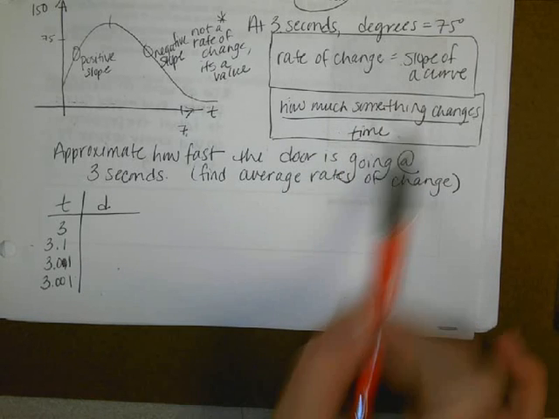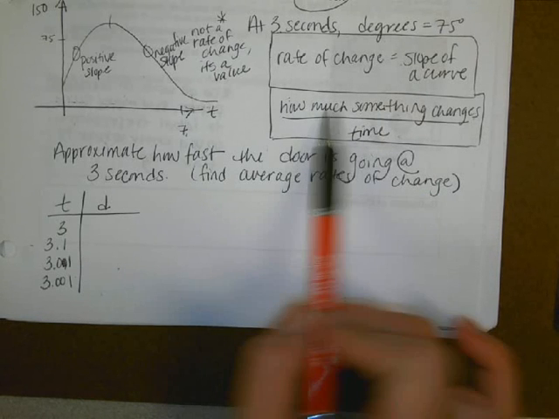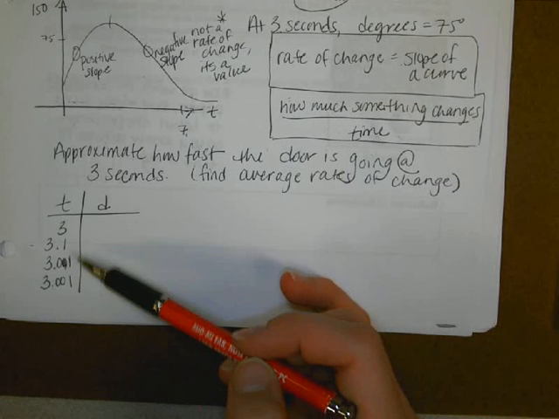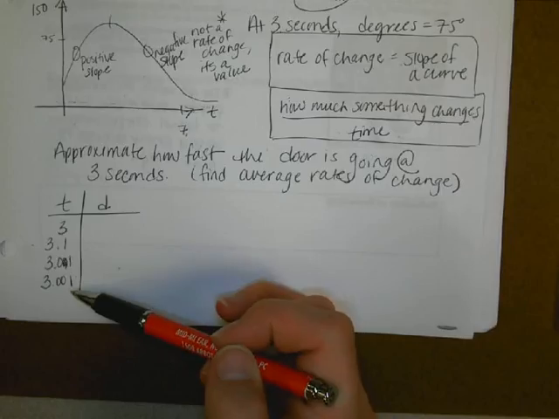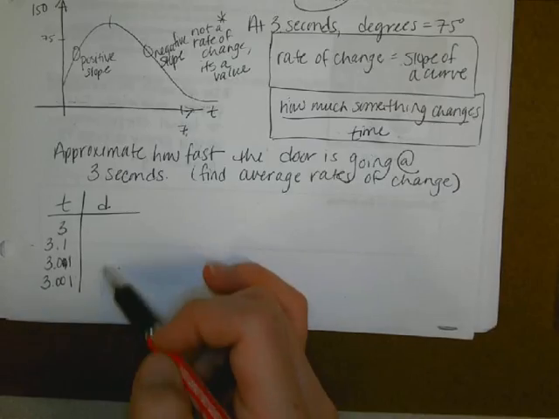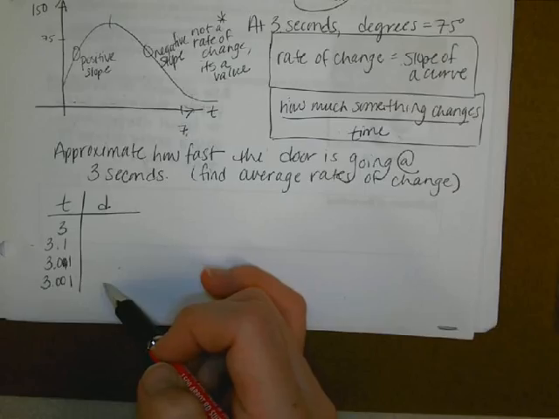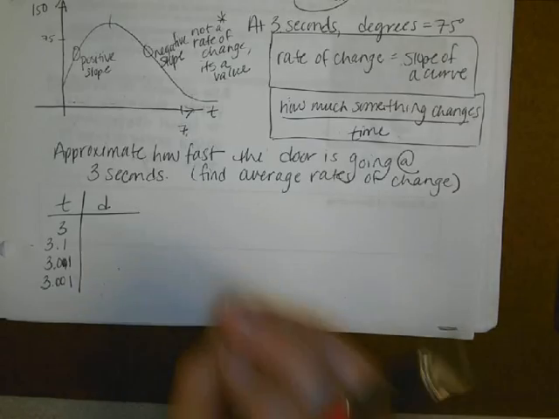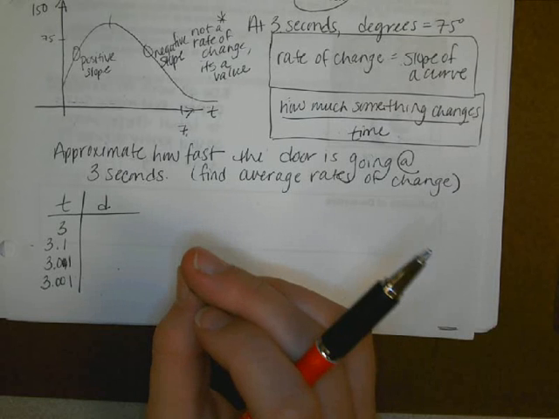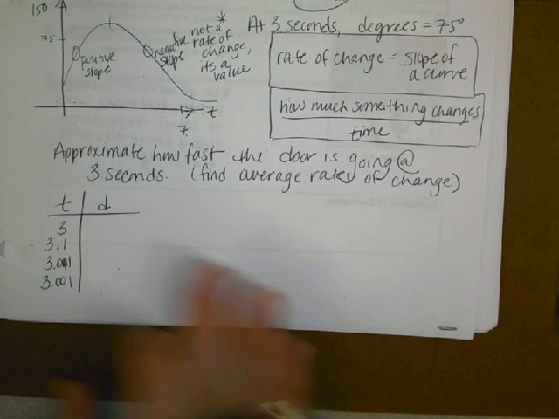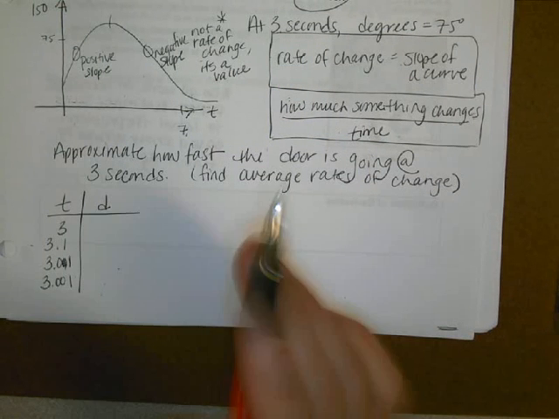But whenever we find slope, we have to use some kind of range of values. So by picking values that are really, really close to each other, like 3.01, 3.001, you can narrow down to be very close to the instant, even though you're not at the instant. So that's where the limit concept comes into derivatives, and we'll brush up on that on the next page.